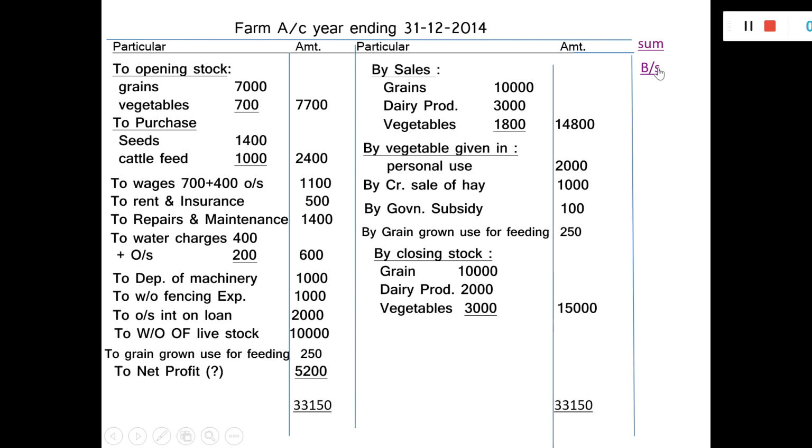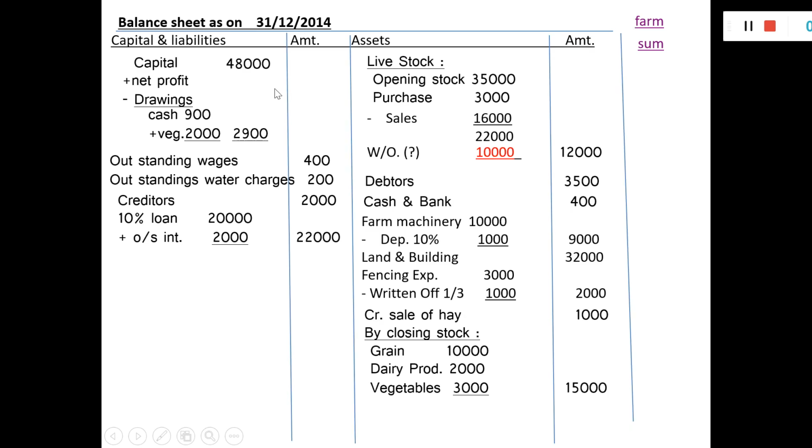Go to the balance sheet. Net profit 5,200. So capital 48,000, net profit 5,200. Amount of the drawings will be deducted 2,900.